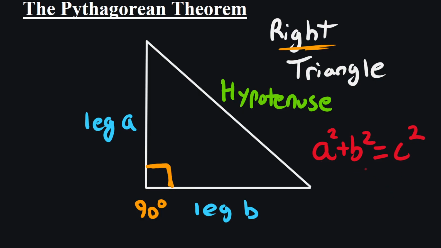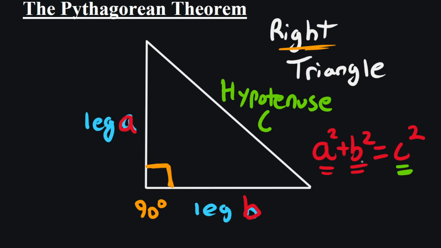Now, what is a, what is b, what is c, and what does all this mean? A is one of the legs, leg A. B is the other leg, leg B. And C is the hypotenuse.